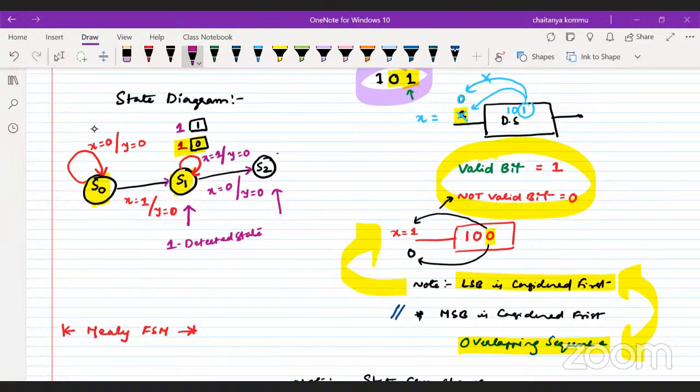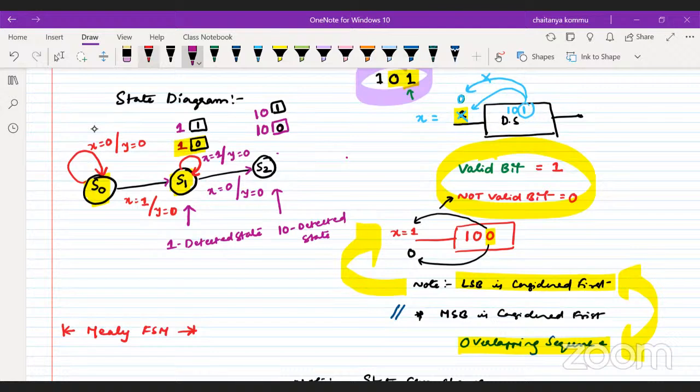So the third possibility is either logic 0 or it may be logic 1. This is what we can observe. So this state is called the 1-0 detected state. Okay, so we observe that 1-0-0 is not a valid sequence, therefore I cannot move forward.